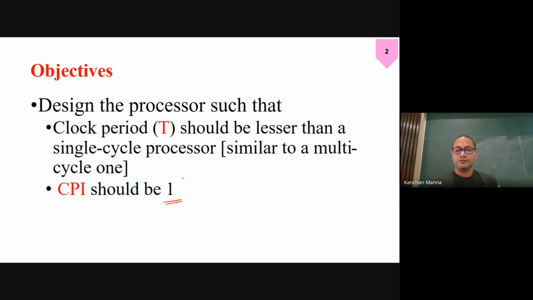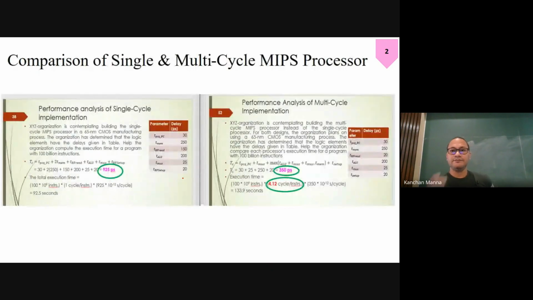Now, first we will see the disadvantages, or we will compare the two other approaches to design the processor. One is the single-cycle one, the other is the multi-cycle one. If you remember, we solved this problem. To execute a program which has this many instructions, it takes this amount of time. However, the same program running on the multi-cycle processor takes this amount of time.